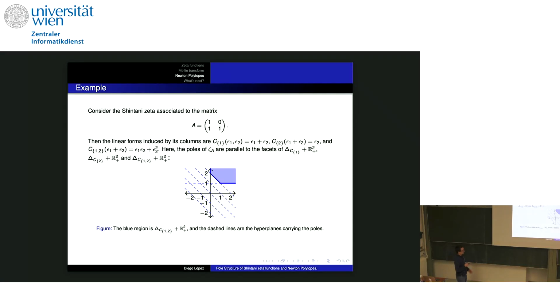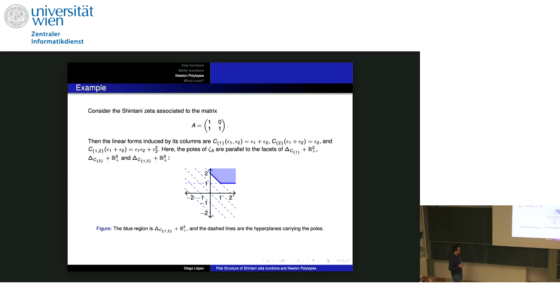And here, what the theorem says is that the poles of the Shintani zeta function related to this matrix A are just given by the facets of each of these three regions. So for instance, let's take this, which is the biggest one, the most interesting of these three polynomials. The Newton polytope of this polynomial here is just a line segment that goes from (1,1) to (0,2), so this line segment here.